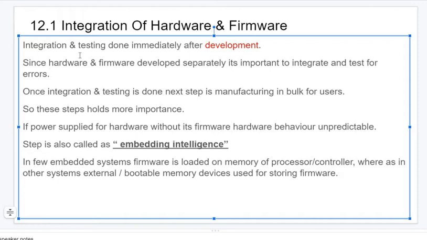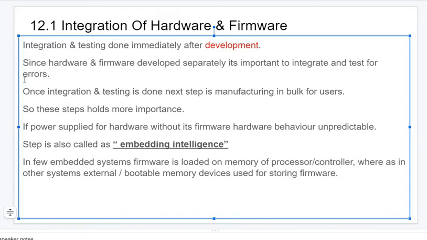We cannot call that a perfect embedded system. So if we perform a test, we will come to know the errors. If errors are there, we can debug and fix them, and then we will get a fine-tuned product.